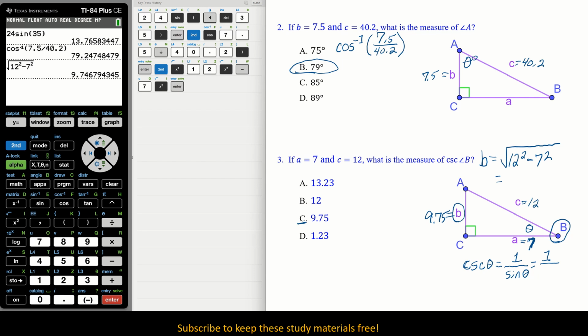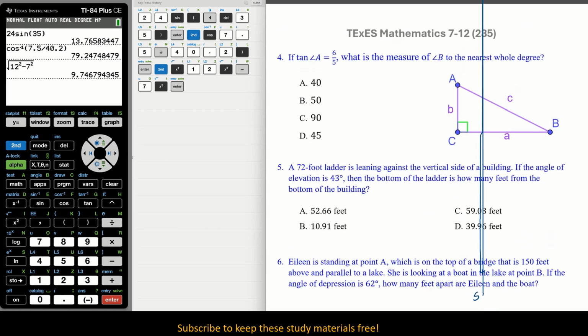Okay, so to get sine, we have 9.75 over the 12. But if we want this measure of, excuse me, let me write this correctly, of cosecant, I am honestly not sure how that happened.